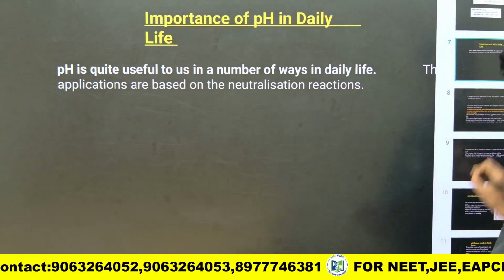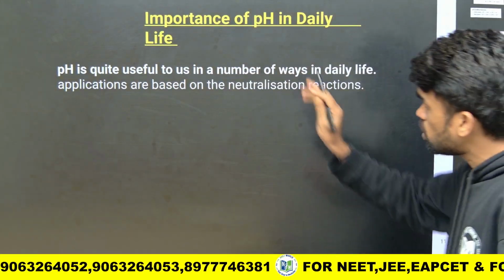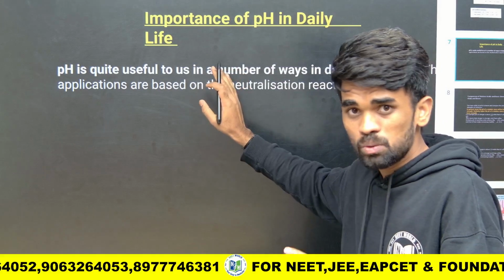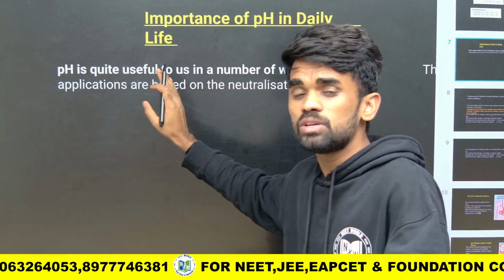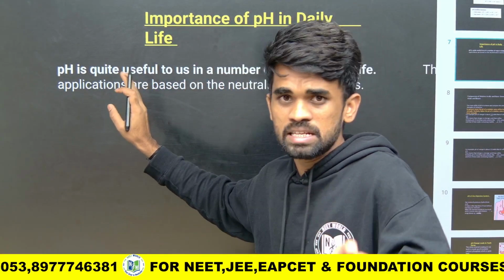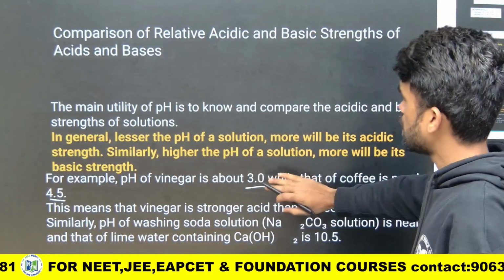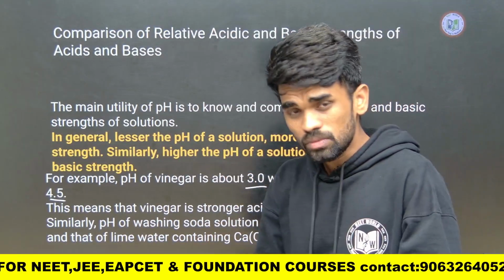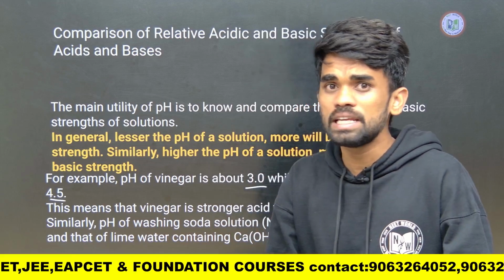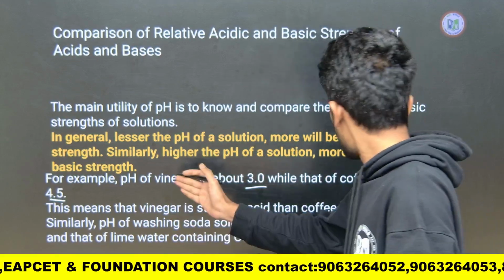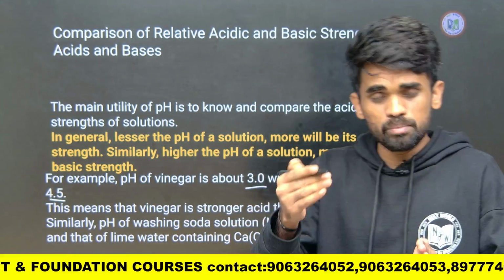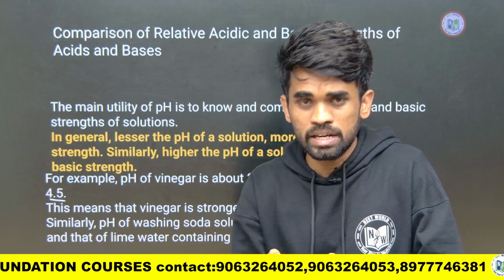In order to know this importance, first of all we need to know the general acids and general bases that we use in our daily life. For example, vinegar, which we use in our daily life, and also coffee, which many people take early in the morning.